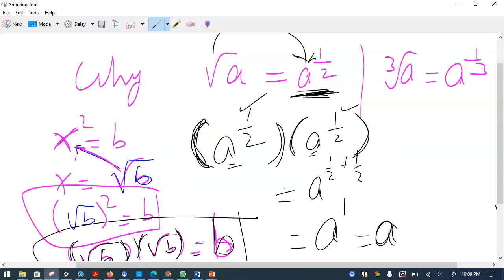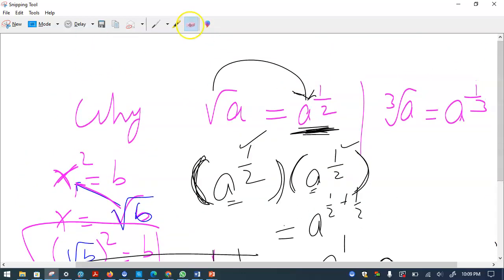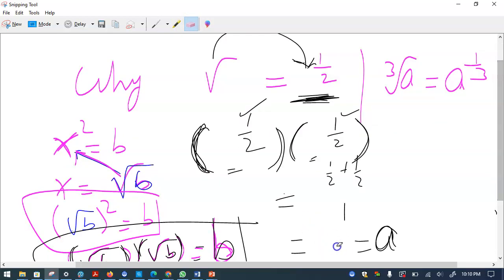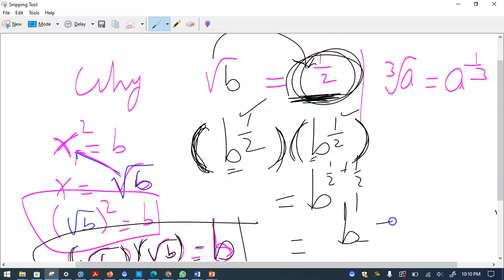Of course, I wrote b here. I think I should have taken b instead of a. Let me really show that b part. So the square root of b is b raised to half. We want to know what happens if we multiply the same thing by itself. When you do it like this, you get b raised to 1, which is b.